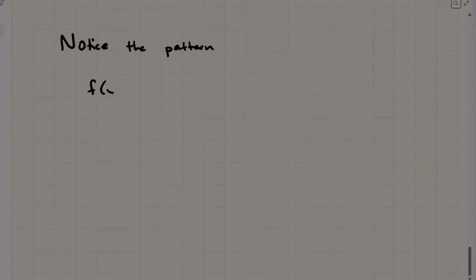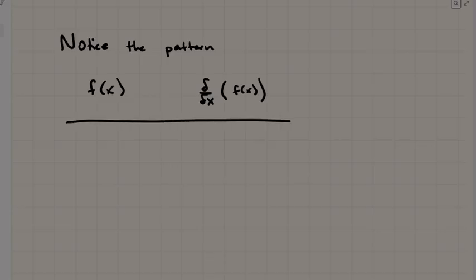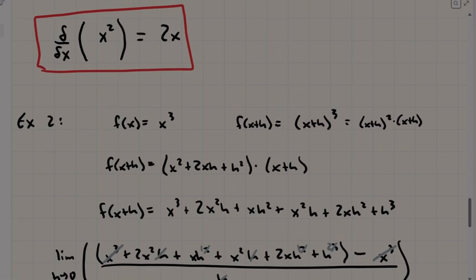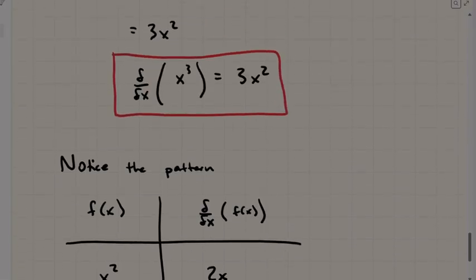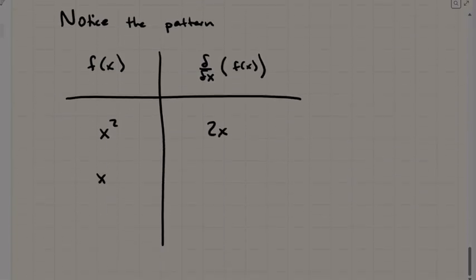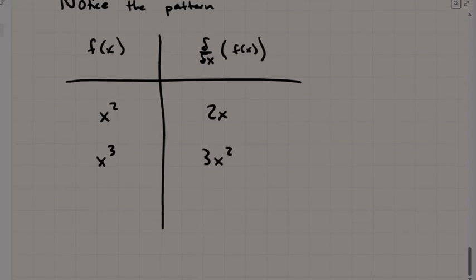So let's make a little chart and understand what we're looking at. So function and the derivative of the function. All right. When it was x squared, it was 2x. When it was x cubed, it was 3x squared. What's the pattern that we see?